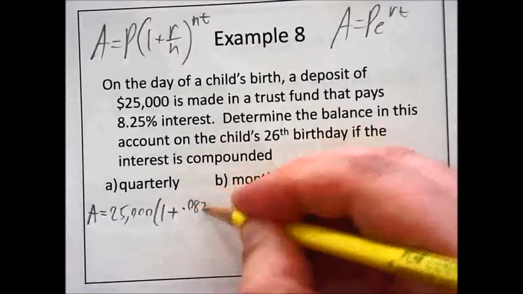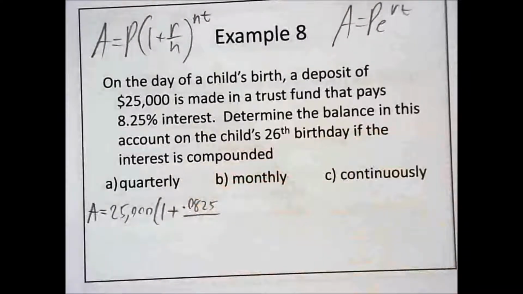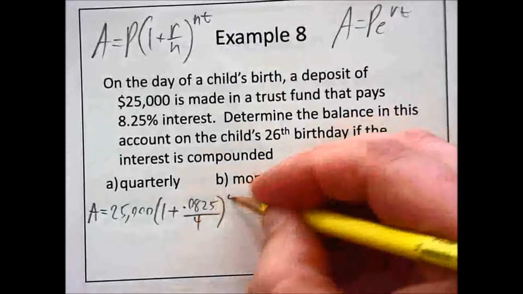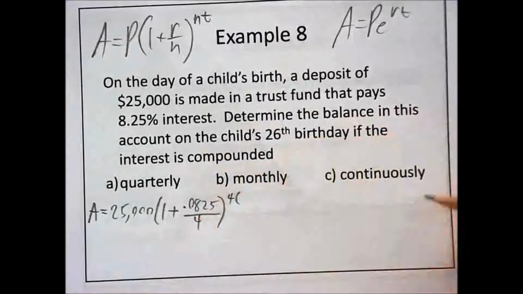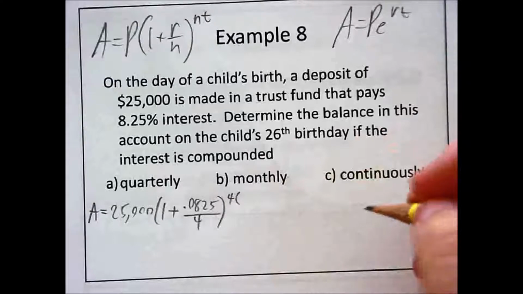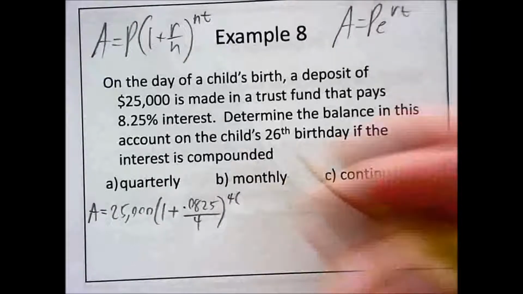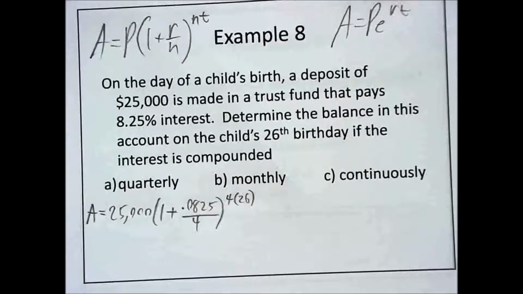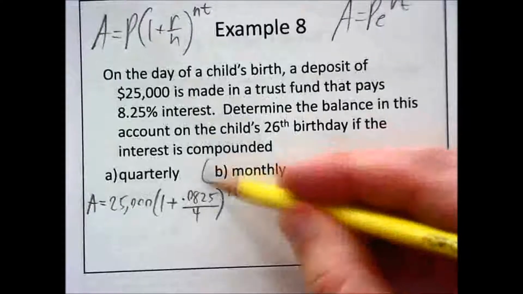Make sure you change it to decimal form. N for quarterly, 4 times a year, raised to the same N times T. What's the T? Time, in this case, 26 years. So, plug all that in. What do you get?